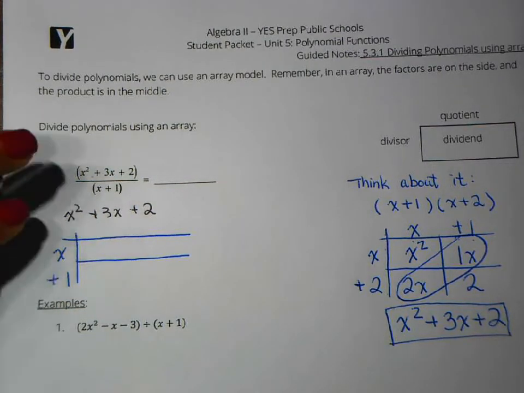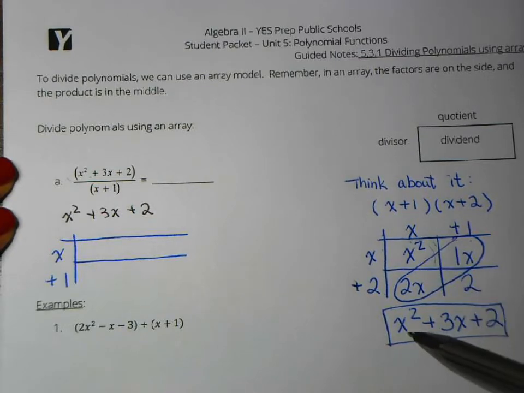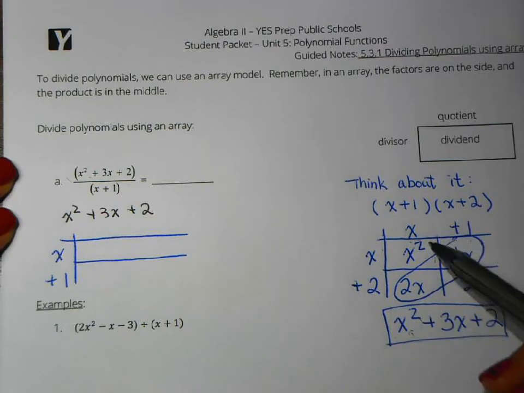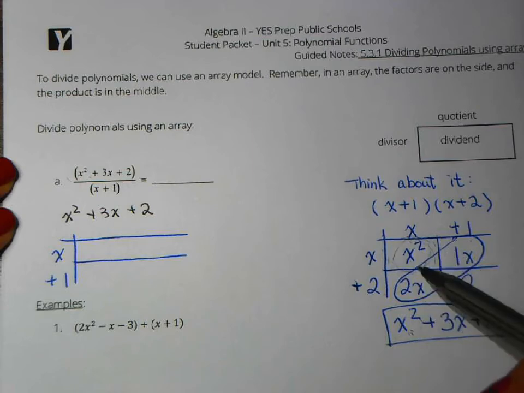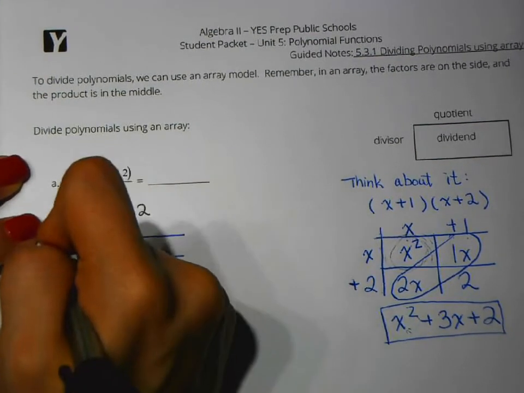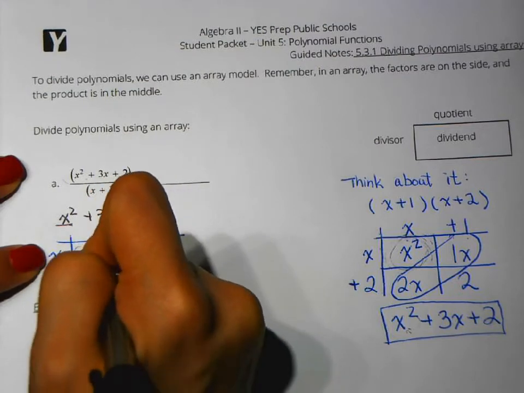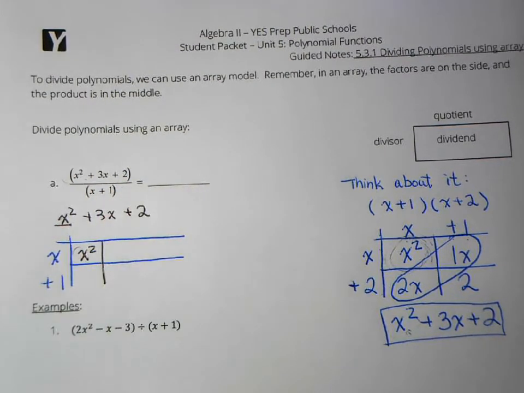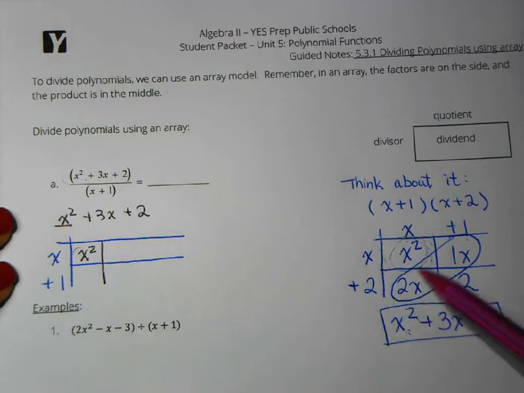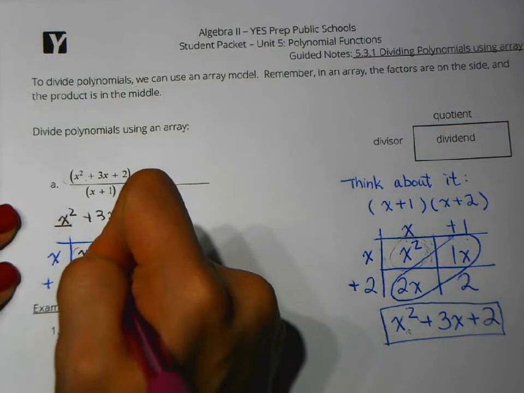Now, I know from when we were multiplying that the first term of my area is always going to be in the first box. That means x squared, this first term, is going to go in this first box. Now, the next thing I need to look at is combining like terms right here.